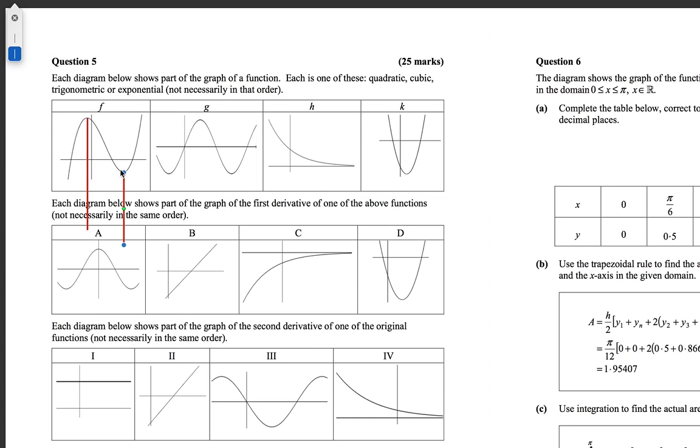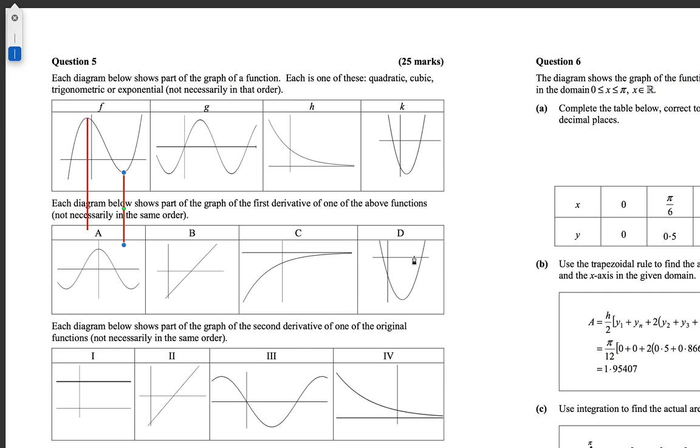So does any of them touch the x-axis at those 2 points? This one is further to the left and further to the right, so not this one. This one only touches it once. This one never touches it, comes closer to it. This one touches it close to the y-axis and further away, so it's this one.